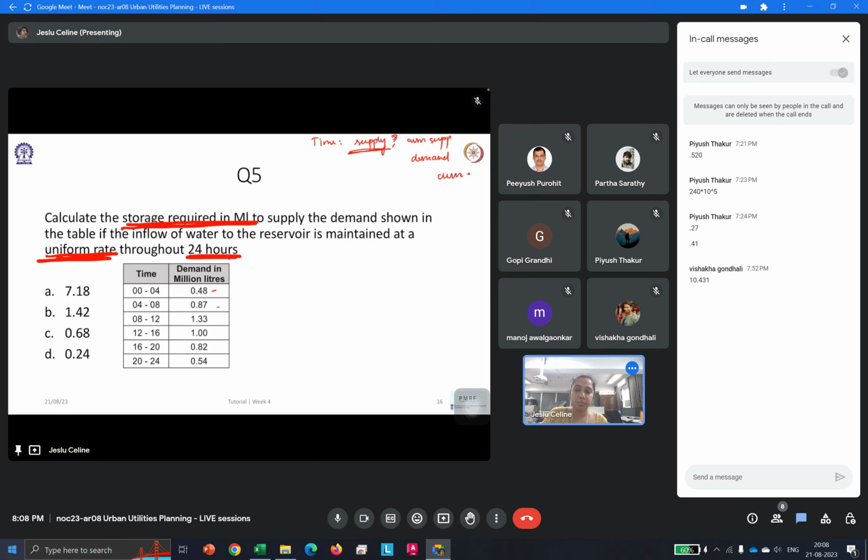So how we go about this question is we take the overall average demand. If we know the average demand for 24 hours, then for every 4 hours, what should the supply be? So let's first find the average demand. We'll just add these up and divide by 6, because there are 6 time periods, each of 4 hours.